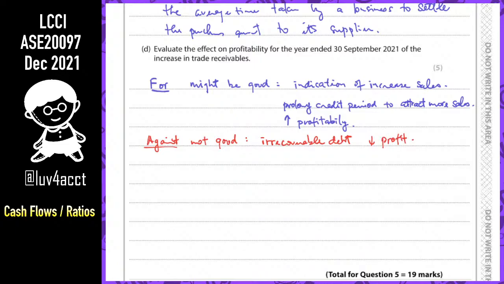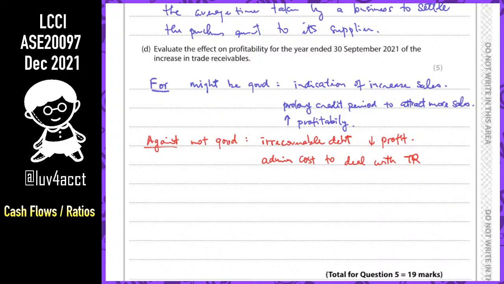And because we have this higher level of trade receivable, it also involves more admin costs to deal with trade receivables. We have more credit customers, or a higher amount of credit customers, and we have to be better staffed to deal with them.